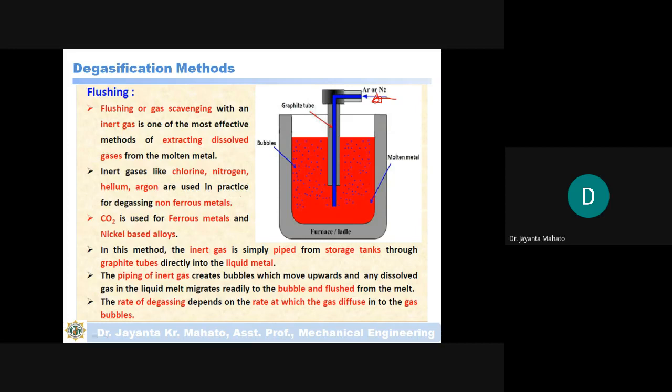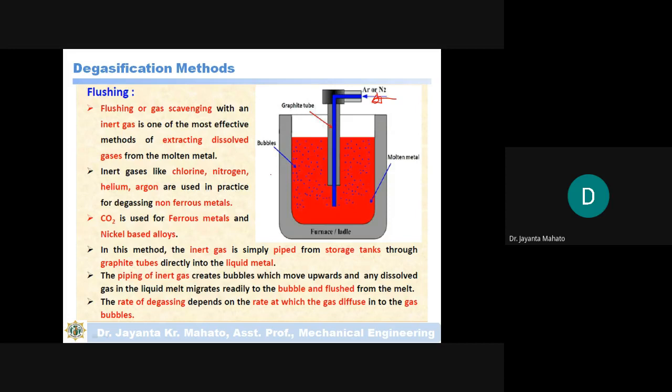The inert gases create bubbles which move upward, and any dissolved gases in the liquid melt migrate readily to the bubbles and are flushed from the melt. The rate of degassing depends on the rate at which the gases diffuse into the gas bubble, and also on the rate of supply of the argon or nitrogen gas.